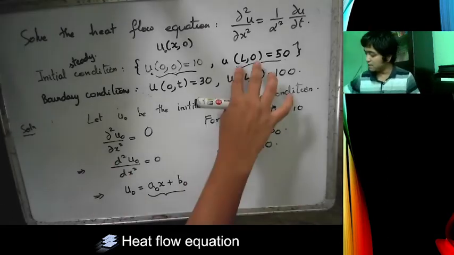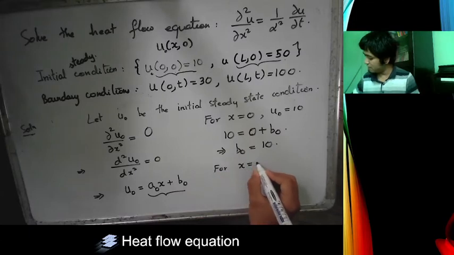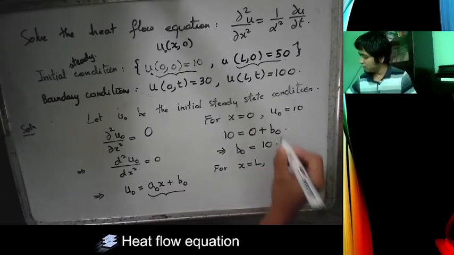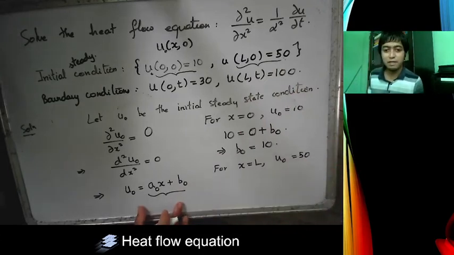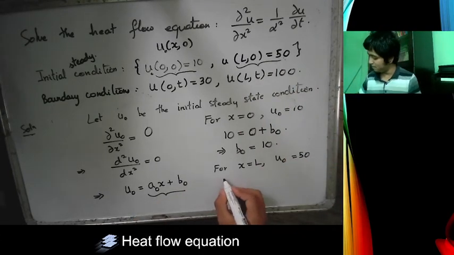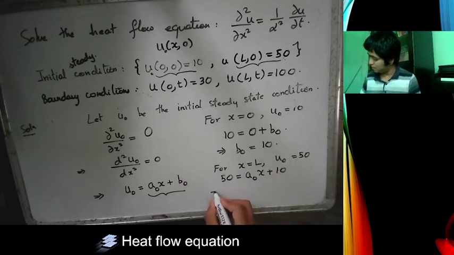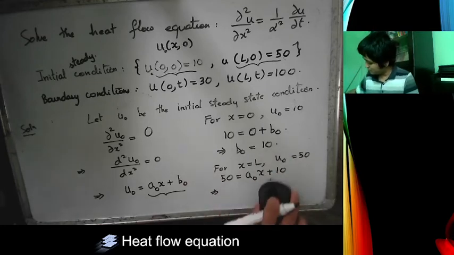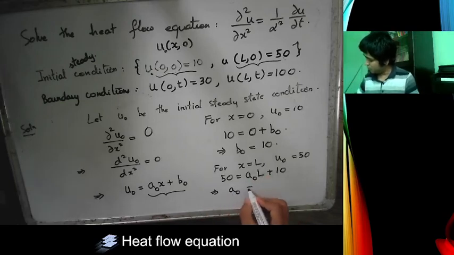Now use the condition ul0: for x equal L, u0 will be equal to 50. Substitute it over here, but now b0 is equal to 10. So 50 equals a0 times L plus 10, so a0 will be equal to 40 by L.